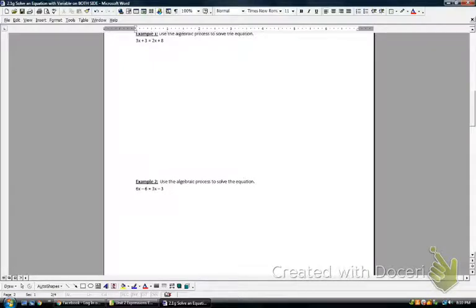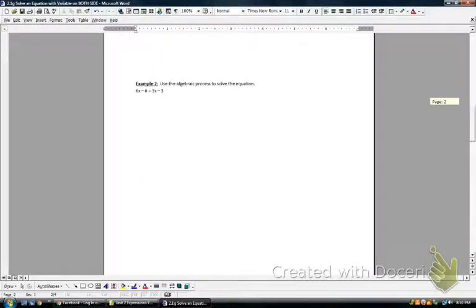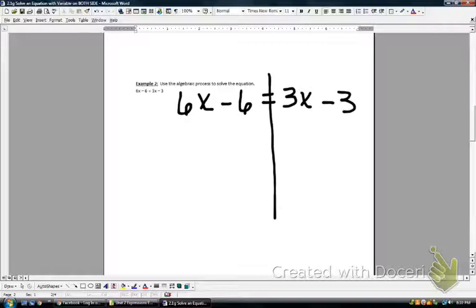All right, let's look at our example 2, and I'm going to rewrite it so I have room to work. So we have 6x minus 6 equals 3x minus 3. So again, I have an x on both sides of the equal sign. I need the x's on one side.